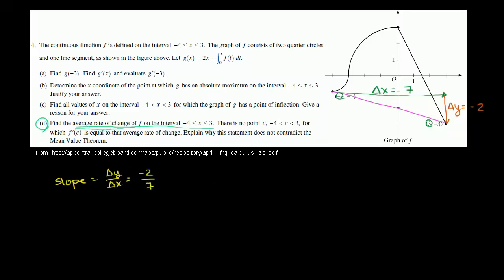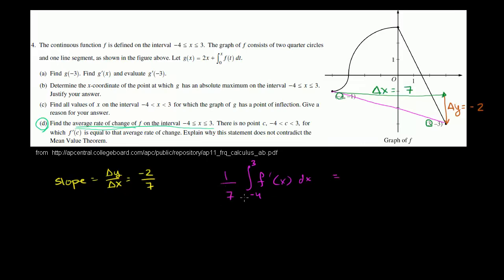Now you could think of it in a more fancy sense, but you're going to get the exact same answer. The average rate of change of f on the interval: well, the rate of change of f is f prime of x. That is the rate of change of f at any point x. And so if you want to find the average value of this over the interval, you would integrate it from -4 to 3 dx, and then you would divide by your change in x, so you would multiply by 1 over 7.